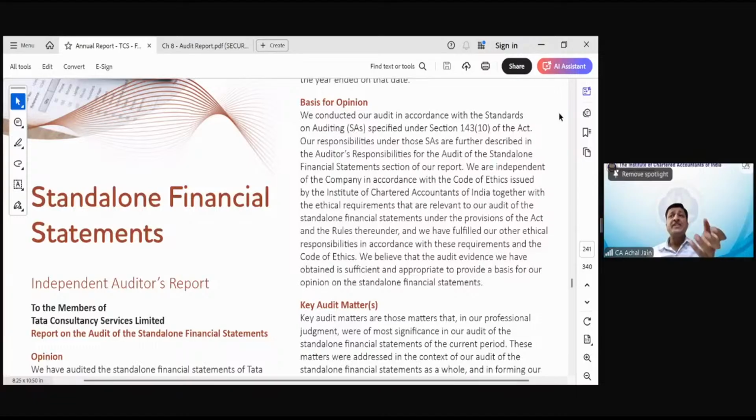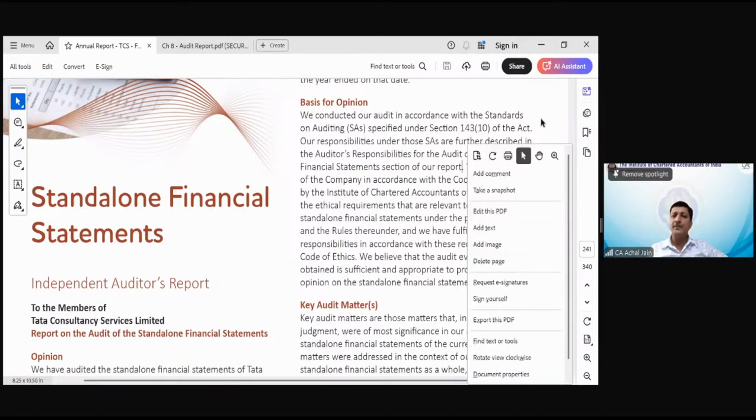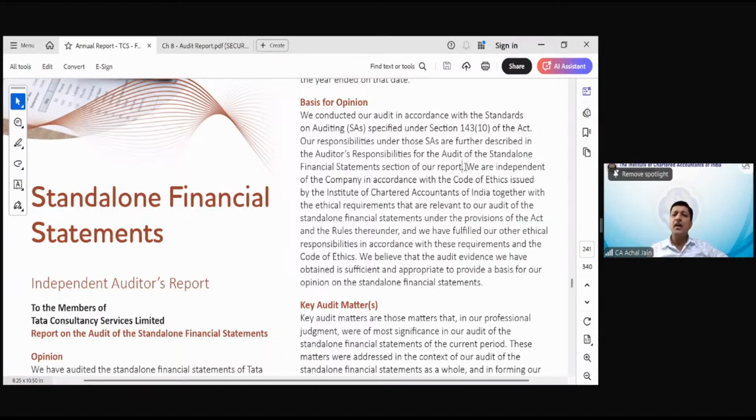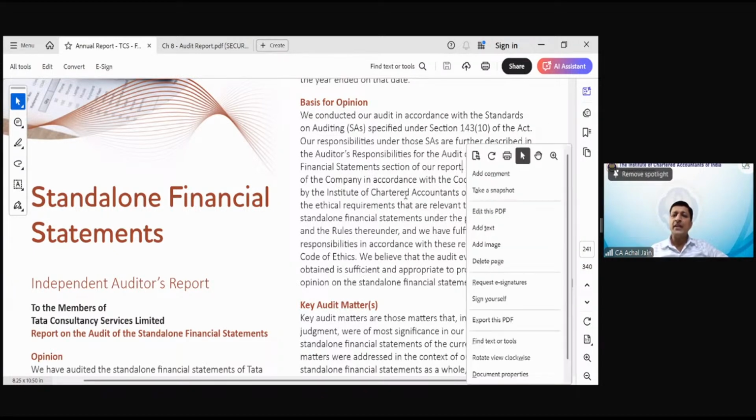Now, please remember that in an audit report, there are a lot of things which are interlinked. That will again be very, very important for you to understand. In this case, there's a linkage of the auditor's responsibility in this para, basis for opinion. Further, the auditor is saying that "we are independent of the company in accordance with the code of ethics issued by the ICAI."